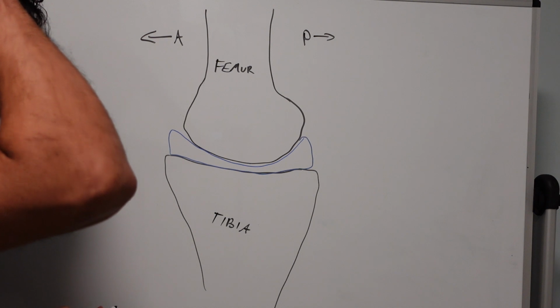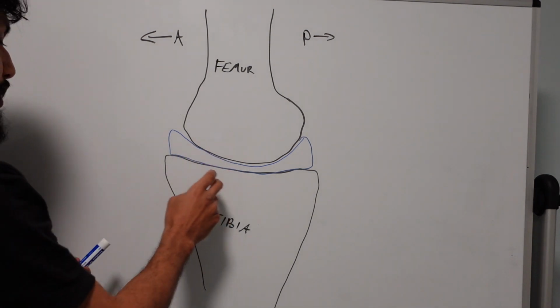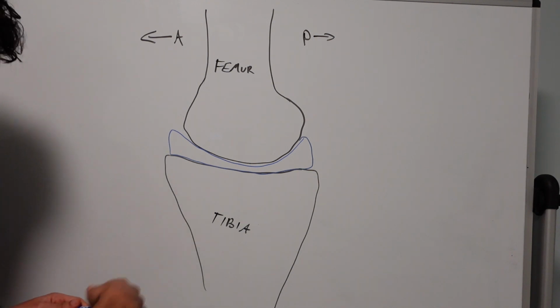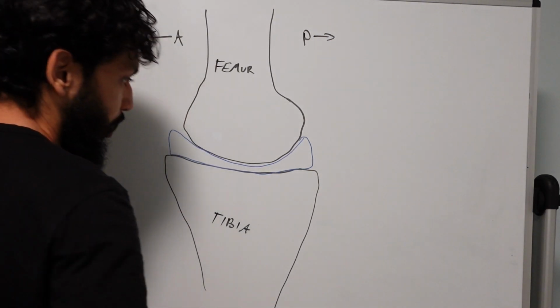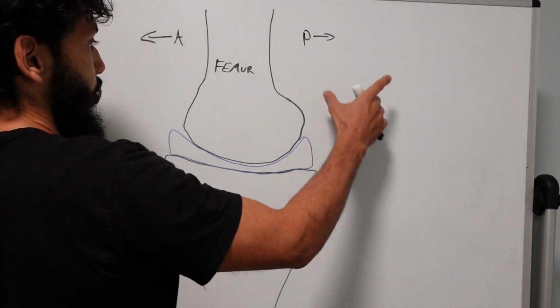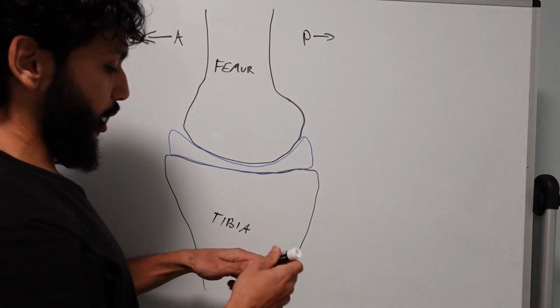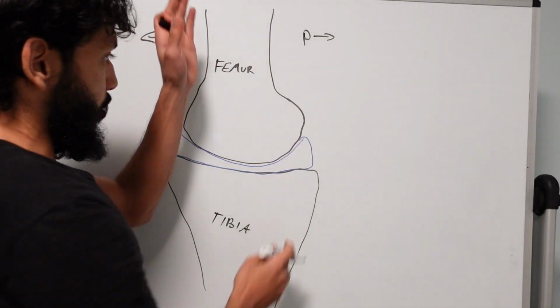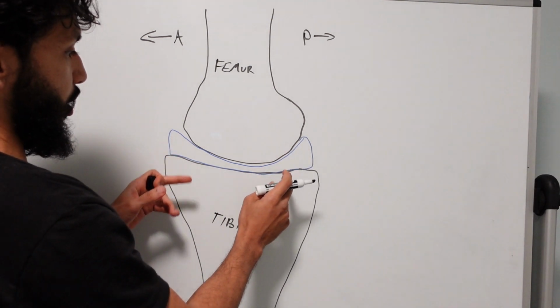So the kinematic movements that we're going to see, for example, this is in a completely extended position. So from here, we can only go into flexion. So let's say for flexion, we want this femur essentially to roll down or rotate this way, okay? So if that femur rotates down this way, and let's say this meniscus wasn't even here, right?